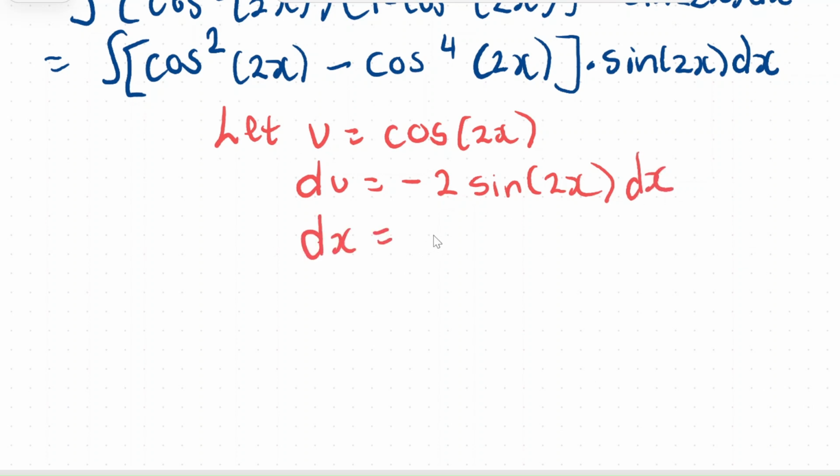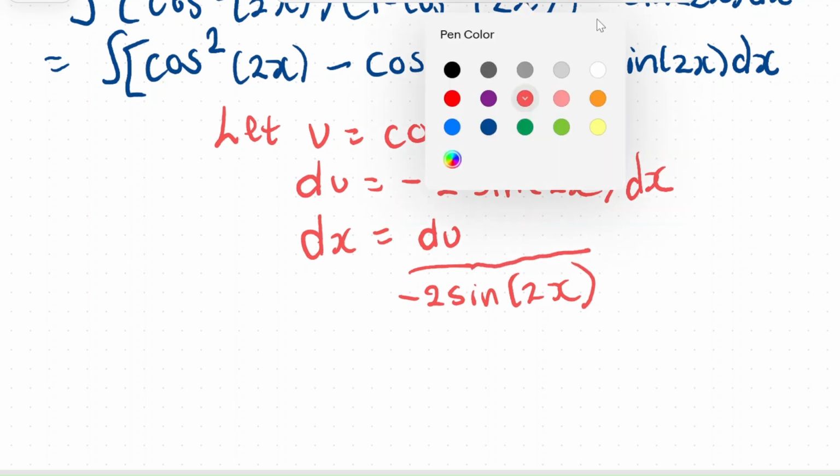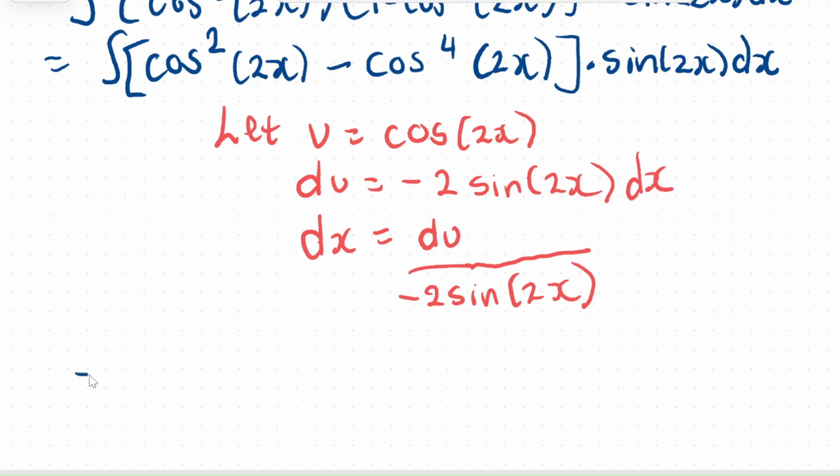Making dx the subject of the formula, we're going to get du divided by minus 2 sine 2x. And so we're on the right track, because all we need to do now is substitute the u values and the dx value.